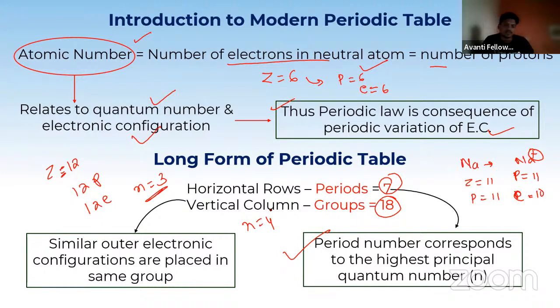So based upon the principal quantum number, the period can be determined. And the valence shell, or outer electronic configuration, gives the significance of groups.